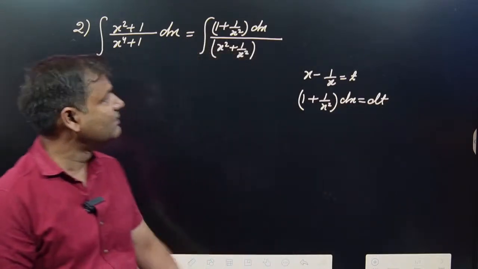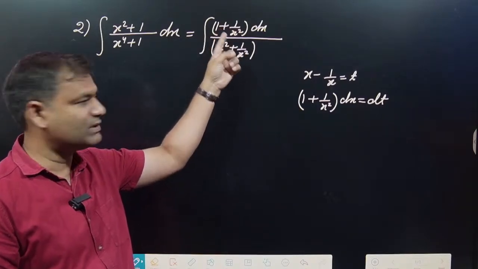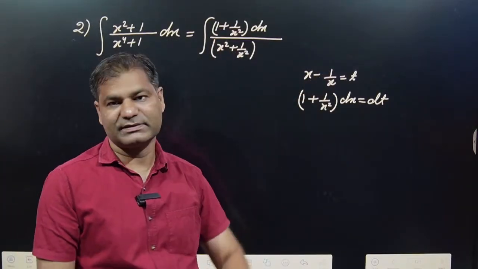Look here, if you integrate this part, (1 plus 1 upon x square) dx, then we get x minus 1 upon x.